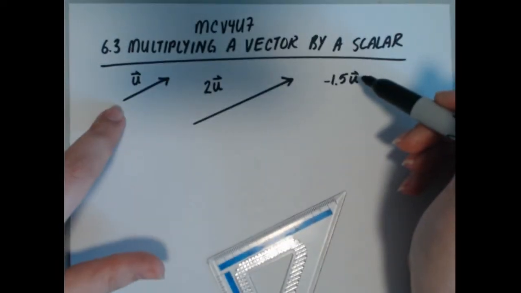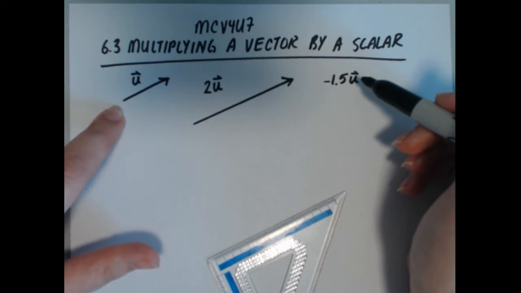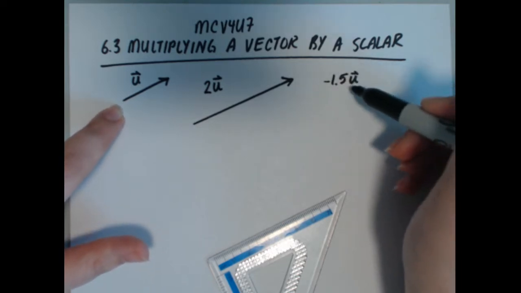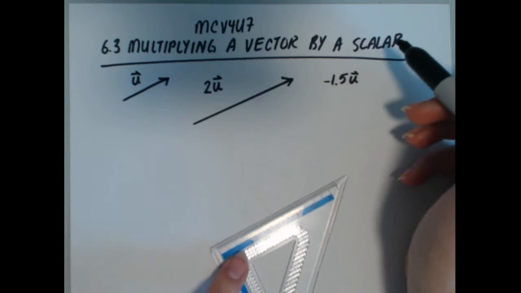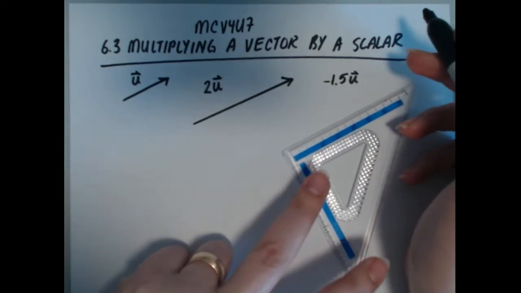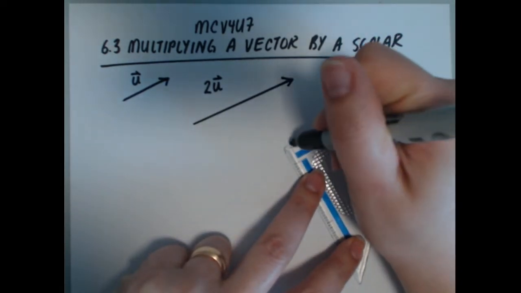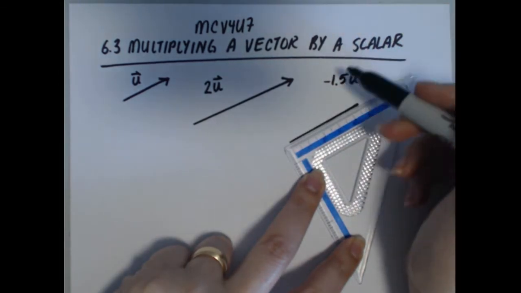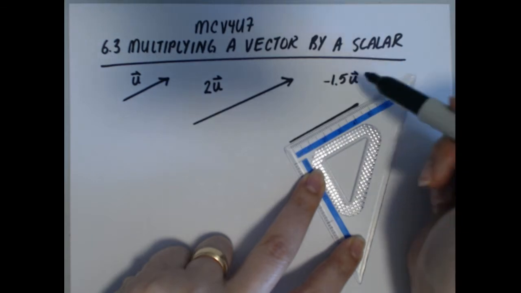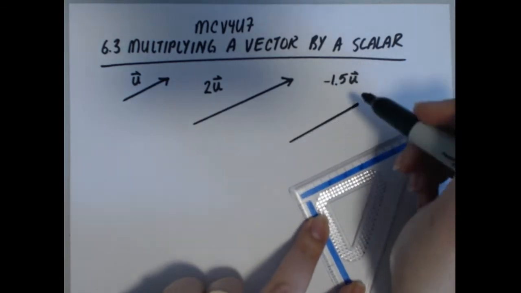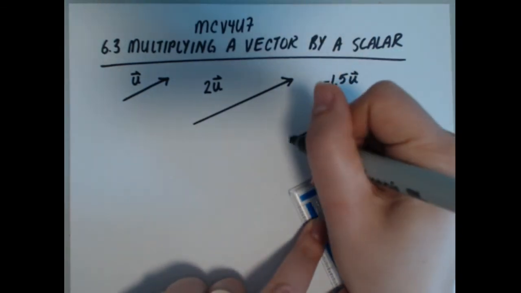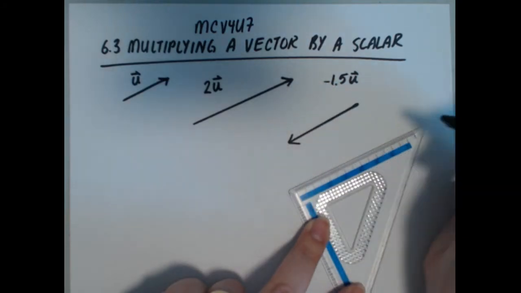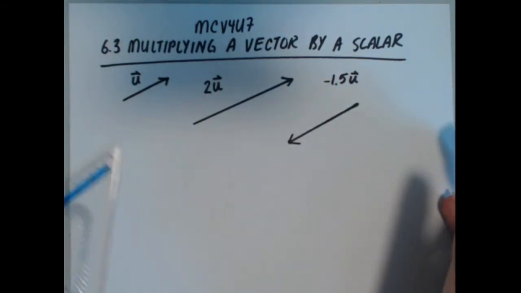If this is 3 centimeters, half of 3 is 1.5, making the length 4.5 centimeters. So I'm just going to draw something that's 4.5 centimeters. Don't draw the arrow yet. Now the fact that there's a minus sign tells me it's going in the opposite direction. So it's not going up and to the right, it's going down and to the left. That's what negative 1.5u looks like.